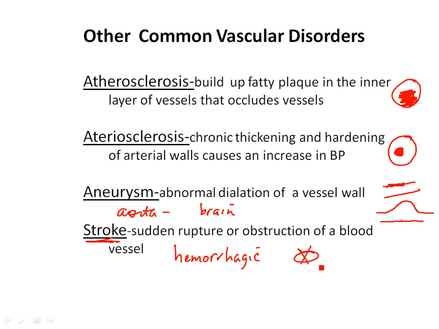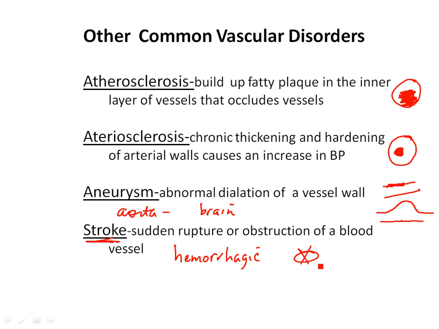You may have a blood clot that gets loose and goes up to your brain and occludes the vessels beyond that. Either way, it's not a good thing, because what happens is, if you're obstructing or if you're just bleeding, you're going to not feed the tissue beyond where that obstruction is.